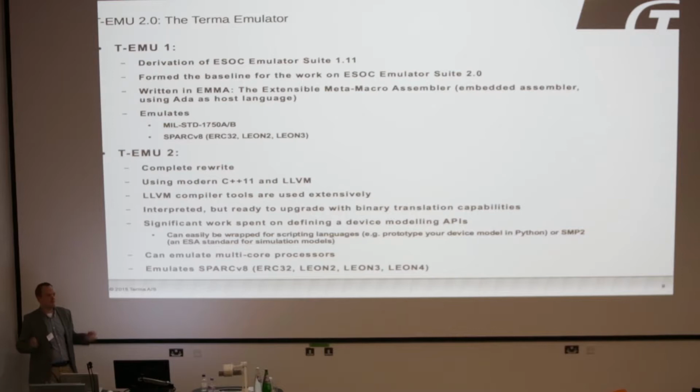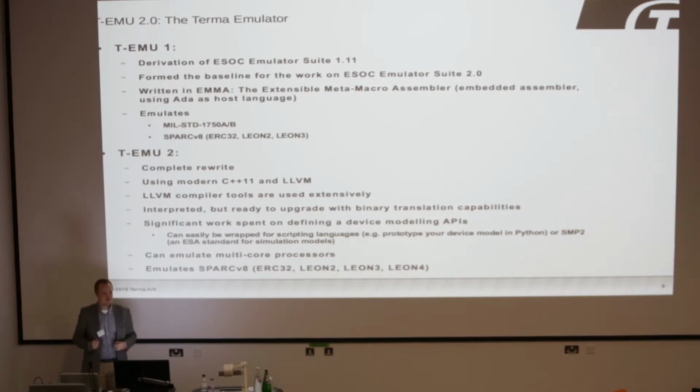So it's sort of target independent, or architecture independent, so you can write a new backend and so on. The reason it's written like this is that in the old days, the ESOC emulator was written in VMS macro assembler, and sort of kept on evolving from that.